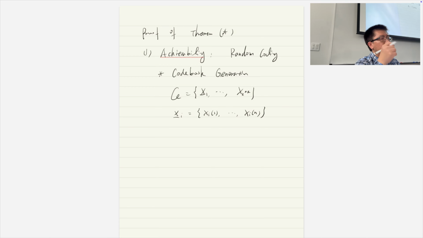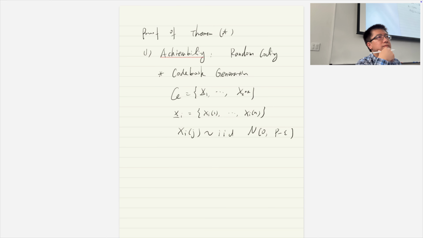But before, for the discrete case, we assumed there's a PMF p_x and generated x according to p_x. Here we could say we generate each x using f_x, but we know what is good to do: we generate each x following a Gaussian distribution. So for each ij, it follows an IID Gaussian distribution with zero mean and variance P minus epsilon for the power.